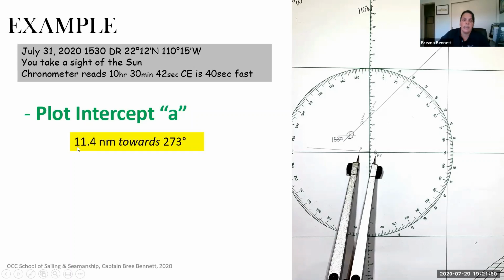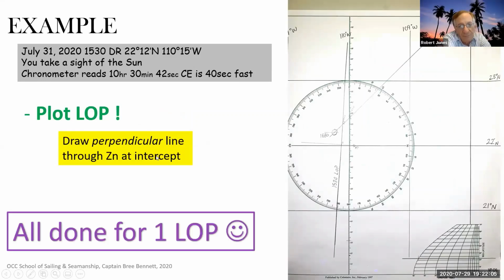In this case, it was 11.4 nautical miles towards 273. So I drew in my 273 line, and then I put where my intercept is. Then I draw a line that's perpendicular to my azimuth line. In this case, it's very close to vertical because I had 270, but it won't always be like that.